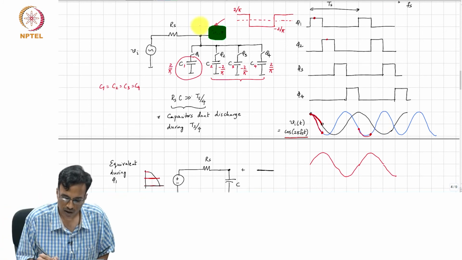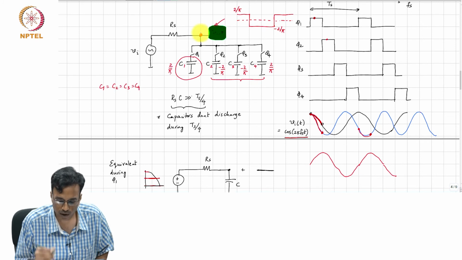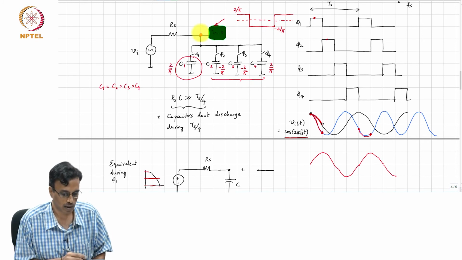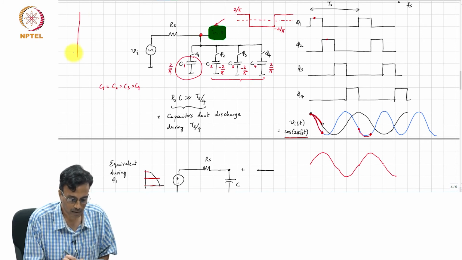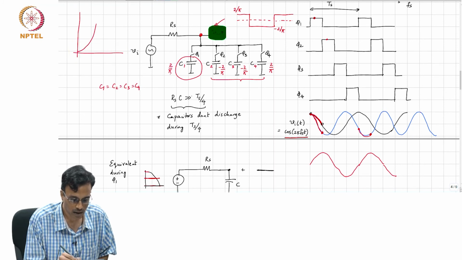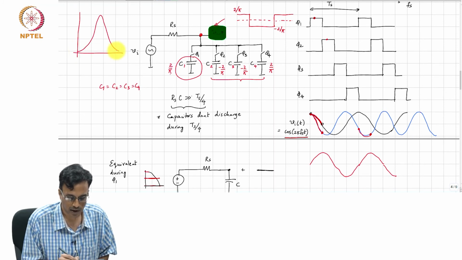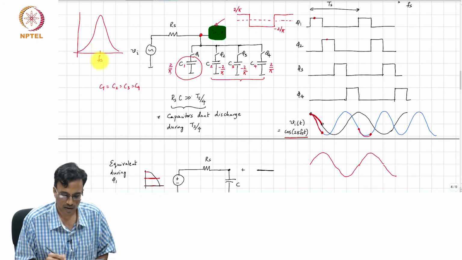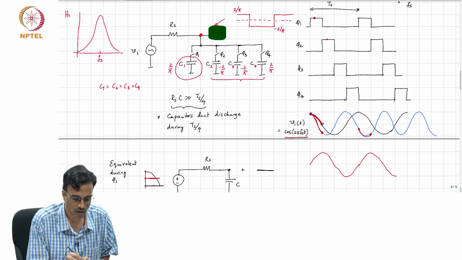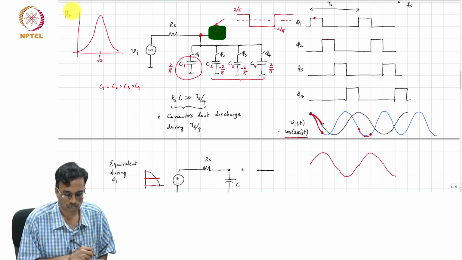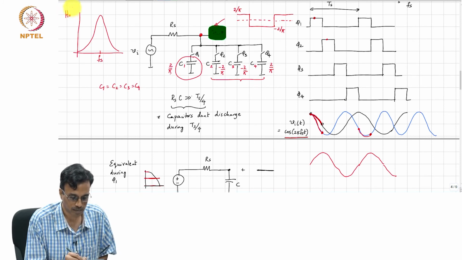So therefore, if you look at the fundamental component of the voltage across V out, how does it look? It will look like this if you plot it as a function of frequency. So this is H0 as a function of f.